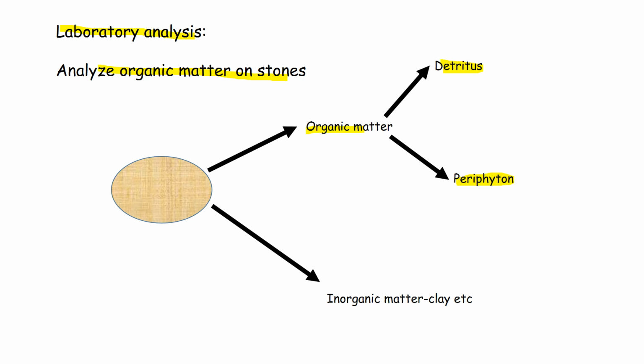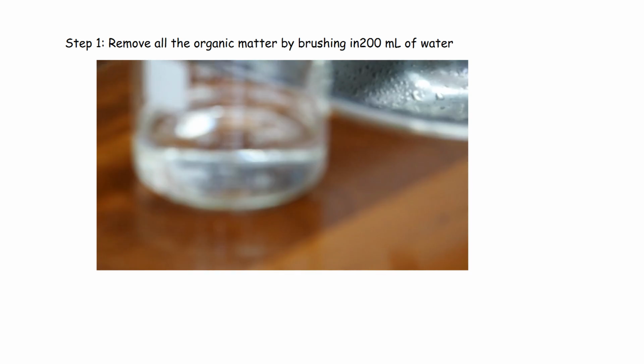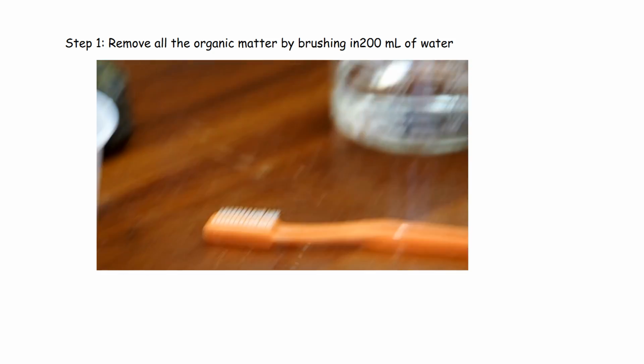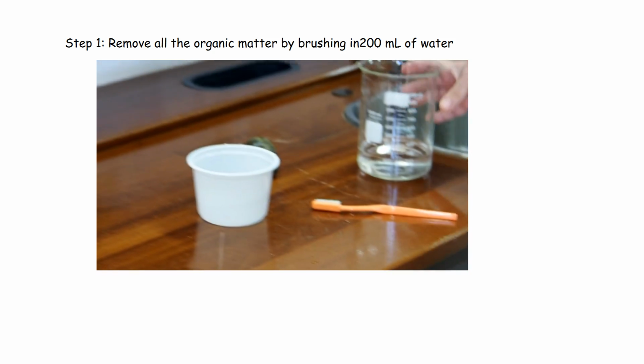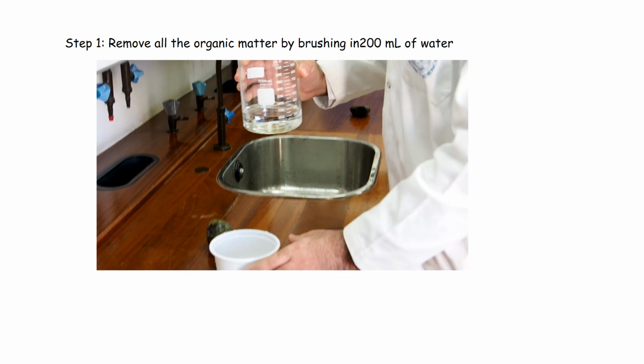There will also be an accumulation of inorganic matter, primarily clay and other inorganic materials. Our first step is to remove all of the organic matter by brushing the stone using a toothbrush or other brush in 200 mils of water.